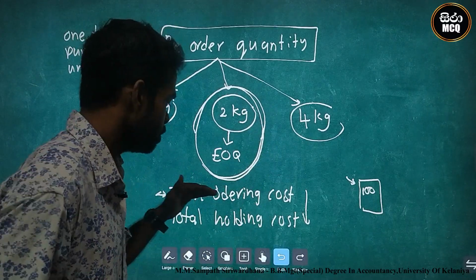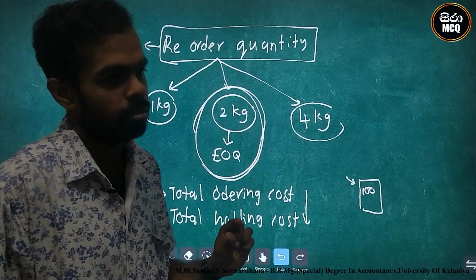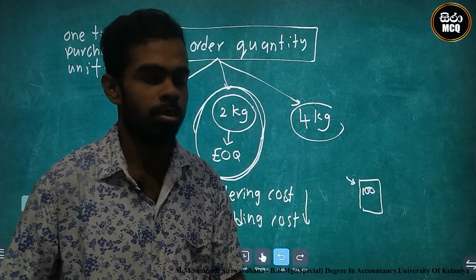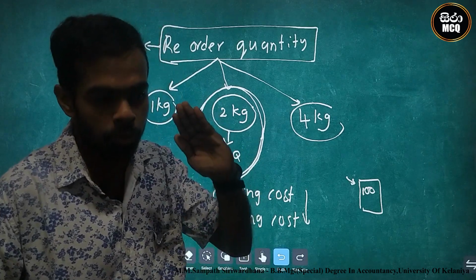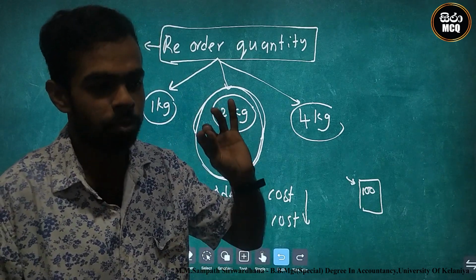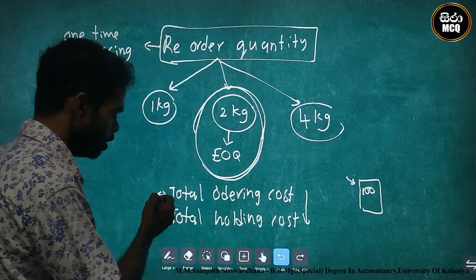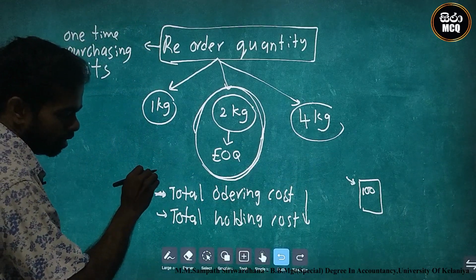To create one order, you must prepare some documents, and the cost of preparing these documents is the ordering cost. There is a total ordering cost.